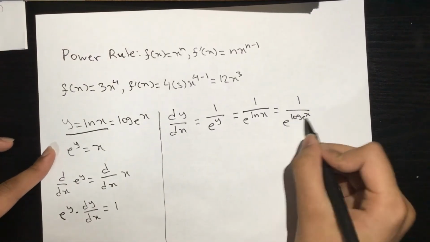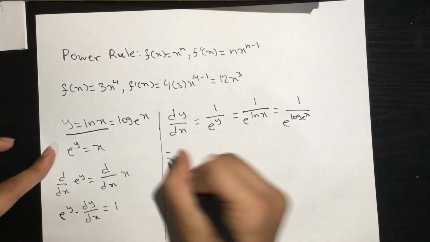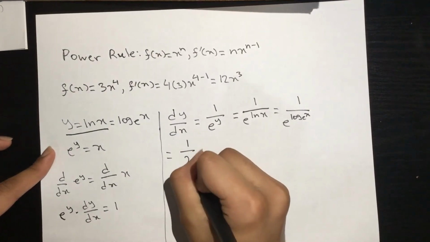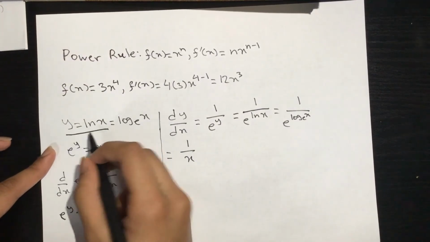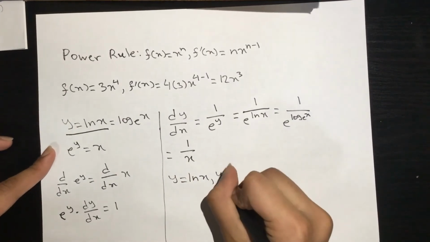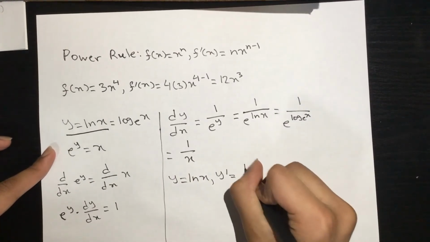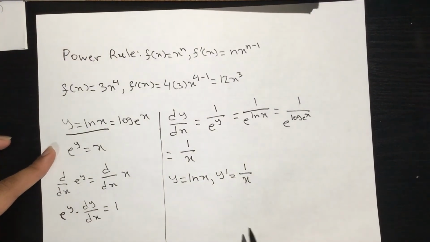Now this simplifies to just x. So further simplifying, we'll get 1 over x. So we have now found that if y equals ln x, then y prime equals 1 over x. So this is the derivative of the natural logarithm, and we can use this to prove the power rule.